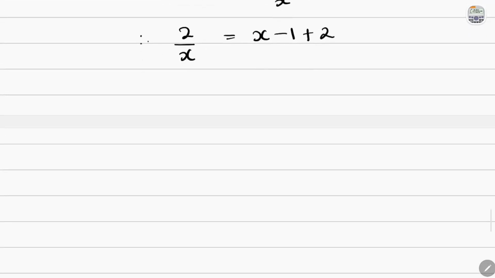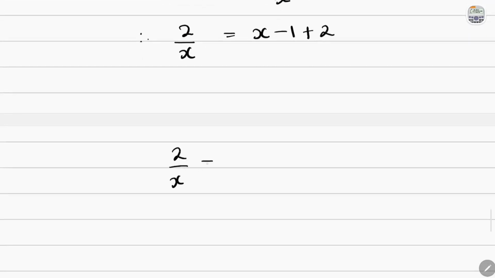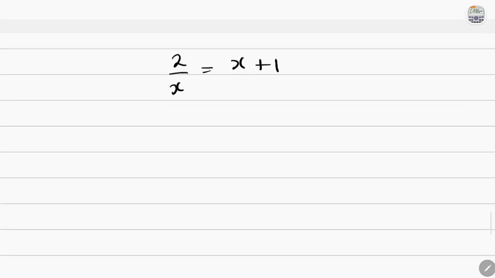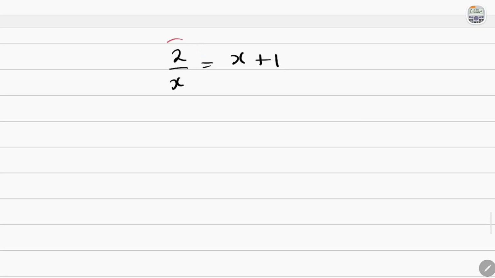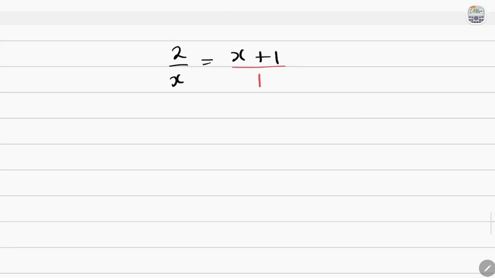And so we know now that 2 over x is equal to x, and then negative 1 plus 2 is positive 1. Now we can go ahead and solve for x. You can make this a fraction by putting it over 1, and then you can cross multiply. So x times x plus 1. Multiplying the x to the x gives you x squared, the x to the 1 gives us positive x, is equal to 2 times 1, which is 2.